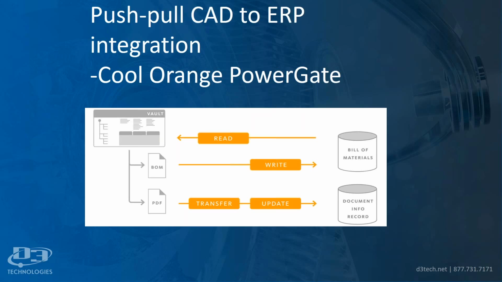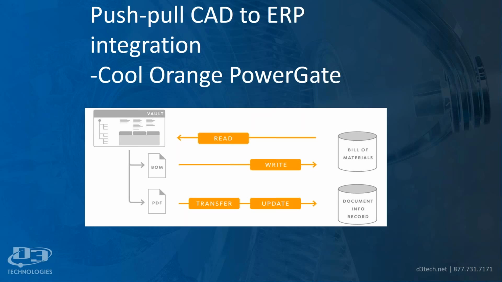With PowerGate here, important properties can be read from your ERP through the Vault application. You could manually push BOM, bill of materials, to your ERP during a lifecycle transition, or maybe you just want to manually push that, and we could do that as well.